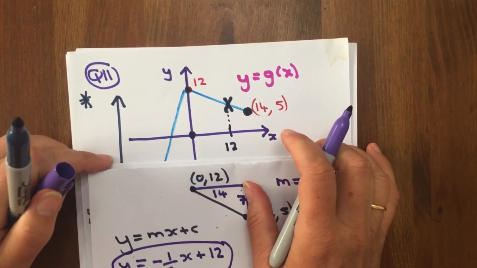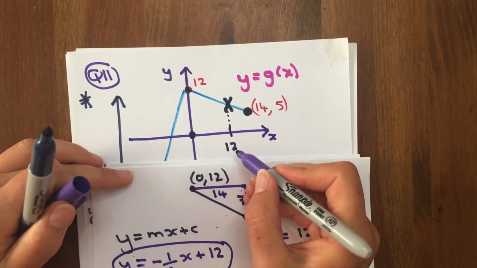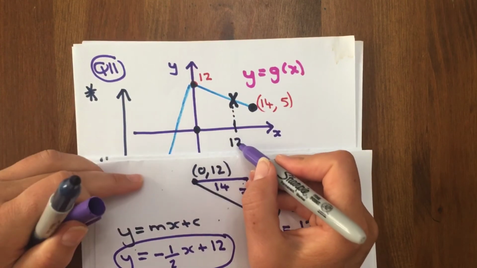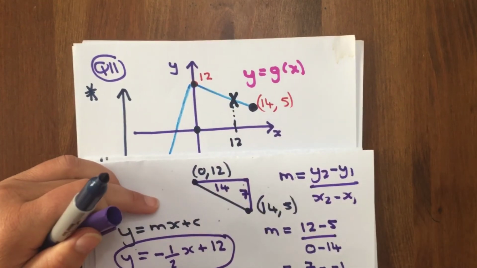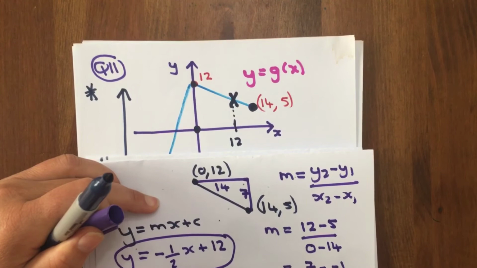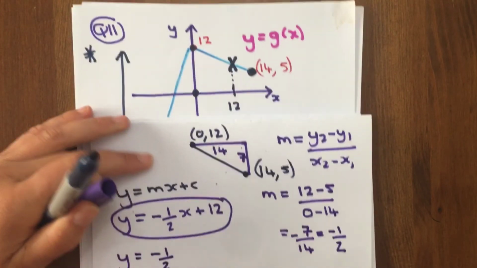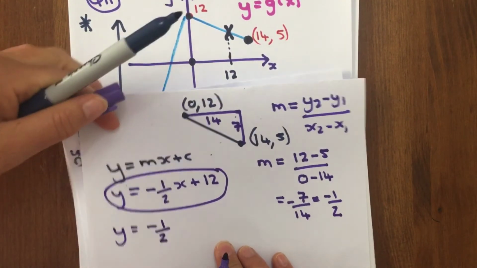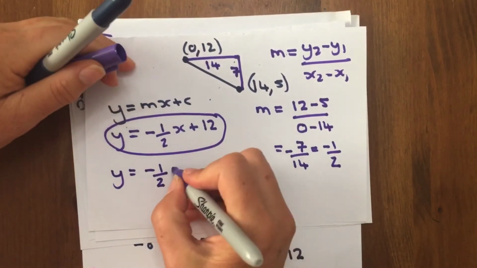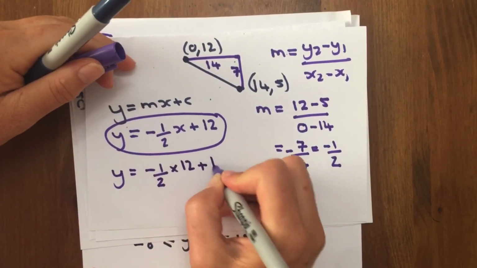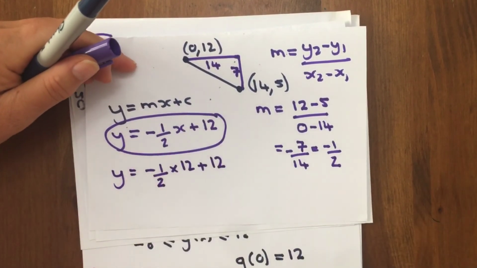Now I want to know what's the value of y when x is 12. That's what I'm trying to find. So I'm going to put 12 into my straight line.